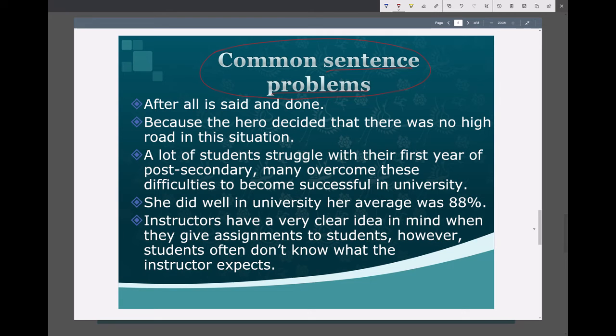So we have 1, 2, 3, 4, 5 sentences, and all of these are incorrect, and there's at least one thing wrong with them. Now, when you're watching this part of the video, it would be very good for you if you have already watched part 1 and taken notes from it and reviewed what the 6 types of sentences are.